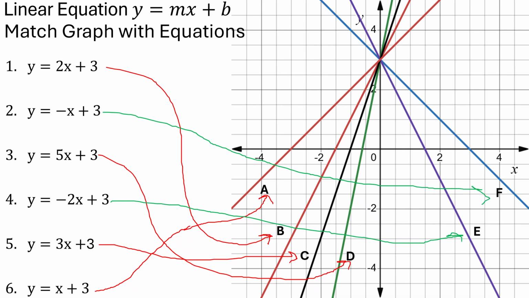All right, so it would be a good idea now, before we end this video, to check that the slopes do match, right? We already know that all of them intersect the y-axis at y equals 3, so that is correct. So we need to just check the slopes. So if I check equation 1, it should have a slope of positive 2. We said it's associated with line B. Just pick a point, right?